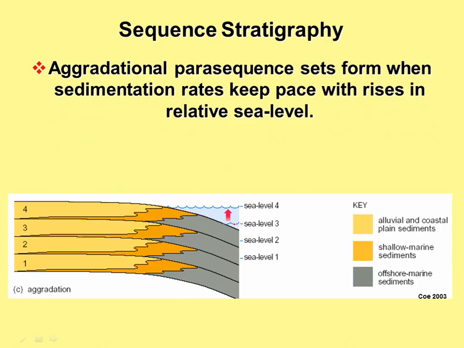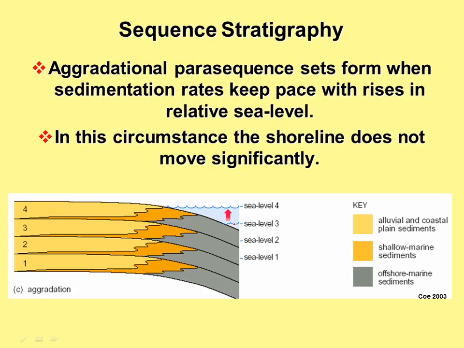And this shows an aggradational sequence set over some period of time where we have intervals of sea level rise that is roughly matched by the sediment supply. Again, the point here is that the shoreline, which is marked somewhere around here, essentially remains in place.